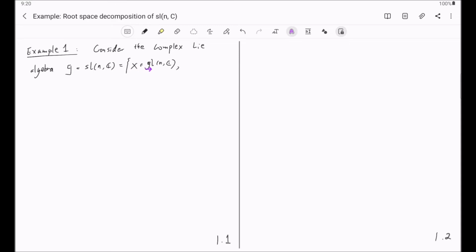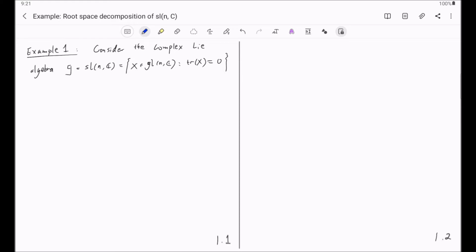Remember, the set theoretical structure of GL_n(C) is just n by n matrices over C. But additionally, there's a Lie bracket defined on this space. SL_n(C) consists of the matrices in here, satisfying that the trace is always 0.